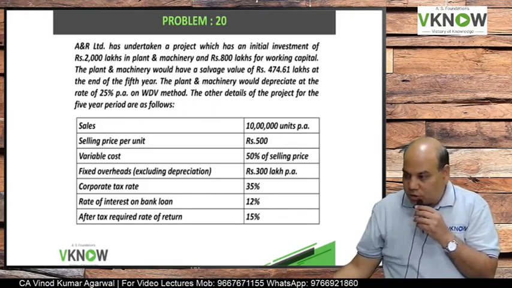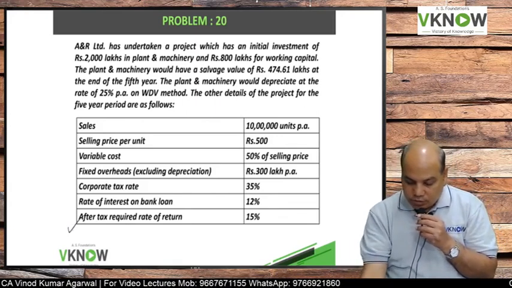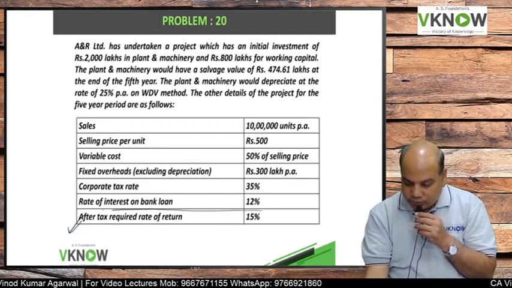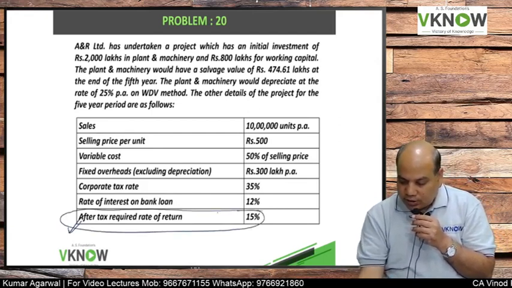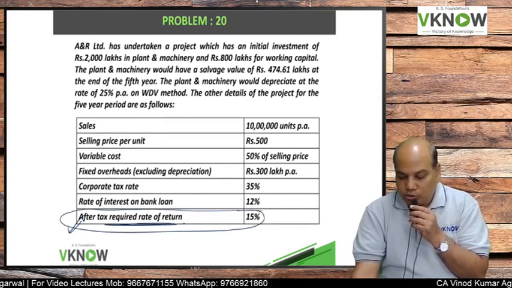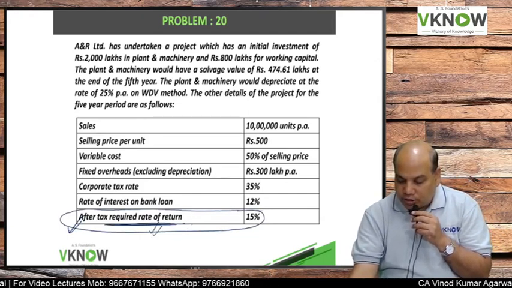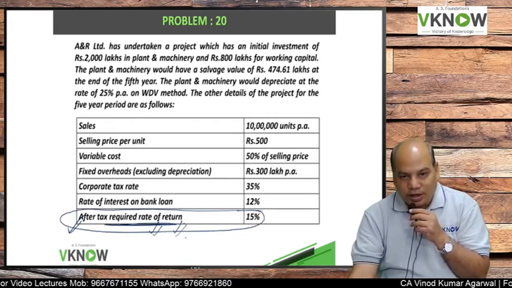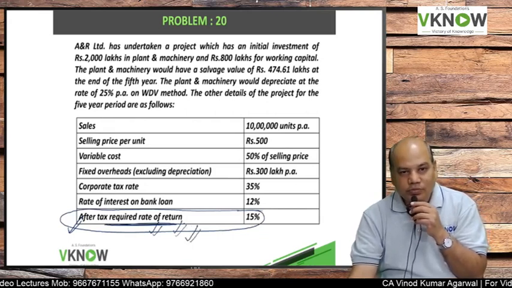So which discount rate will I take? I will take 15%. This is my after tax required rate of return. So we will use required rate of return, desired rate of return, target rate of return for NPV calculation. Is it right?